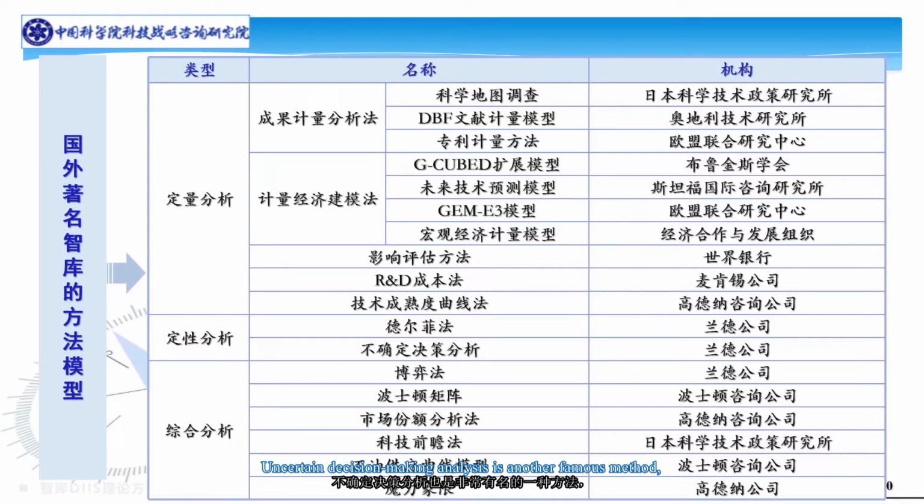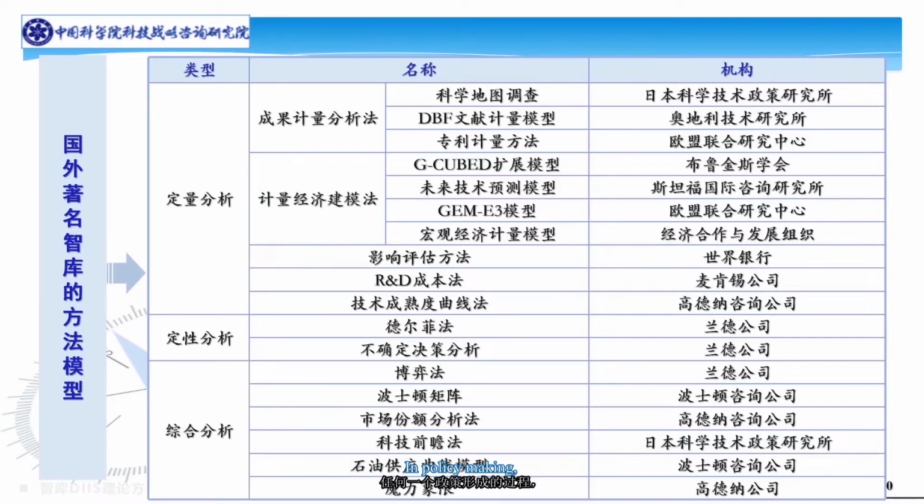Uncertain decision-making analysis is another famous method, because many think tank problems are uncertain in future development. As mentioned before, the 6 features of think tanks include uncertainty. We need to deal with uncertainty and find the certainty from it to reduce its impact. Moreover, the GAME method is a comprehensive analysis approach.